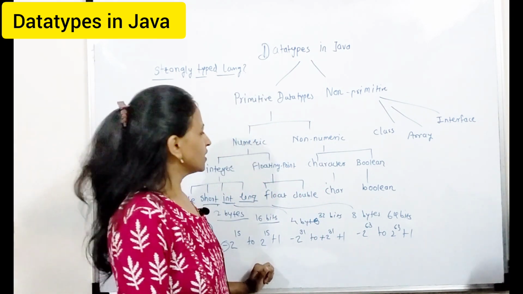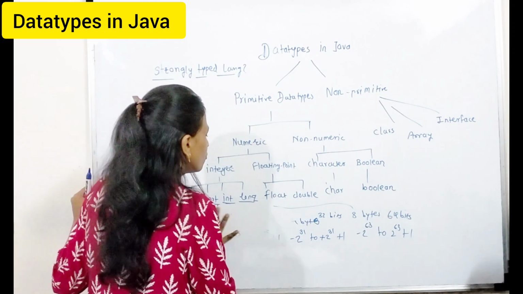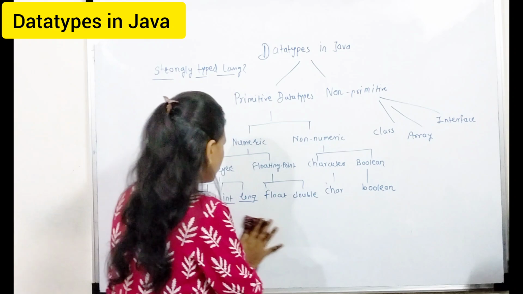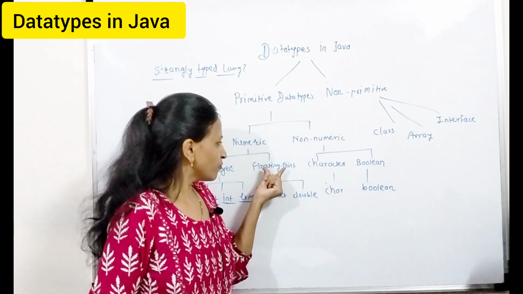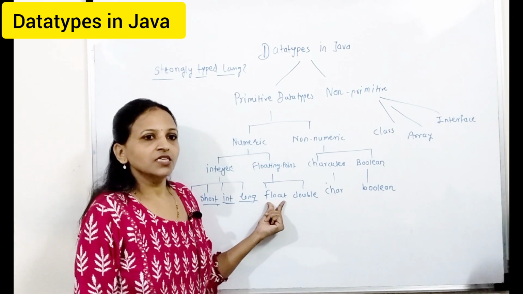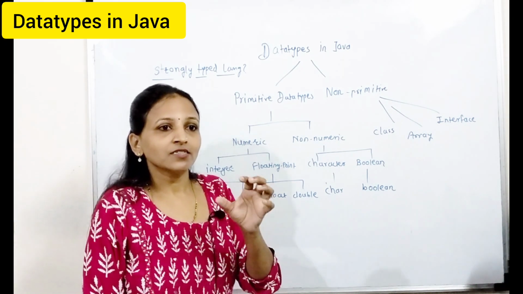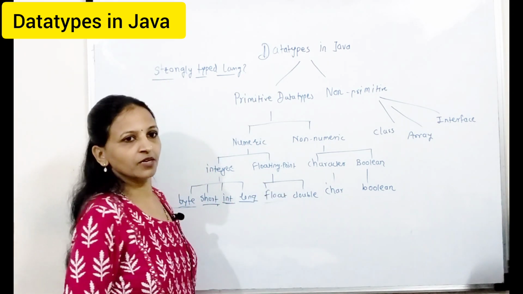Any doubts in this? Now the next one is floating point. See, float means if you want to store any number having a decimal point in it, then you can declare floating point data types. If you want accuracy of 5 to 6 digit precision, then you can declare a float data type variable.